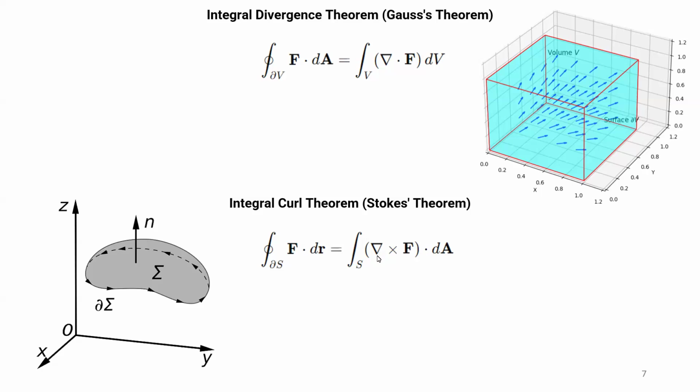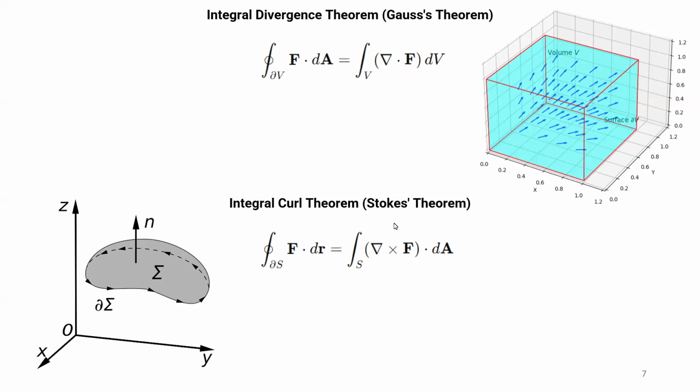This theorem allows you to find the flux of the curl. So recall this nabla cross F is the curl F, right? It is the last vector operation that describes the vortices in my vector field. And since the curl is a vector itself, I can find the flux of this curl vector through some area A, or sigma in this picture.